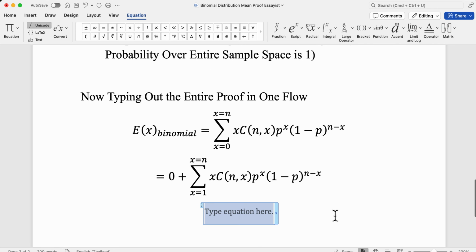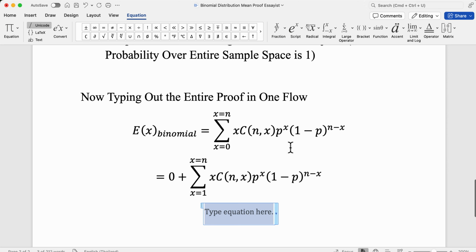But now note that we're going to expand this into factorial form. We know that n choose x equals n factorial over n minus x factorial times x factorial.